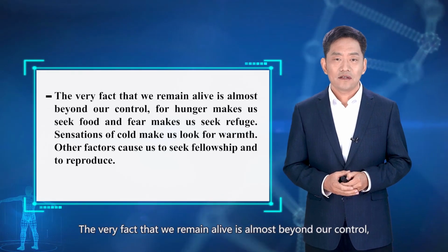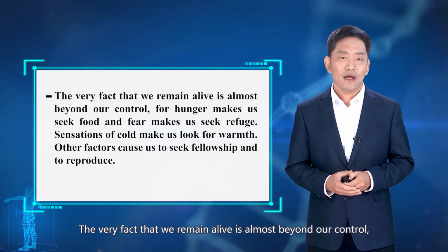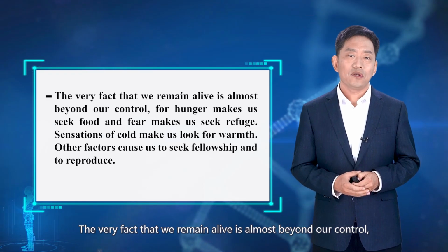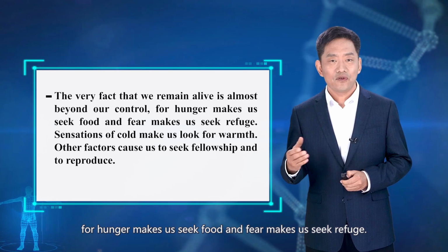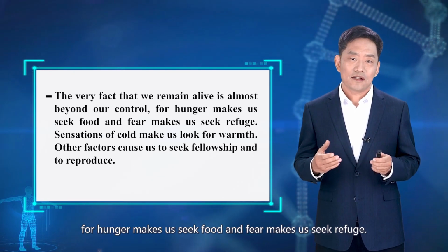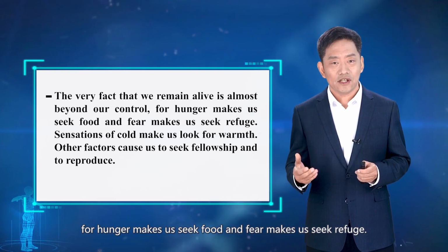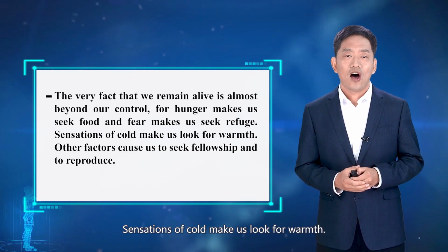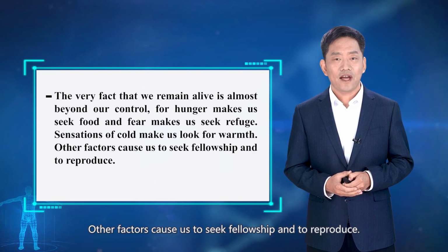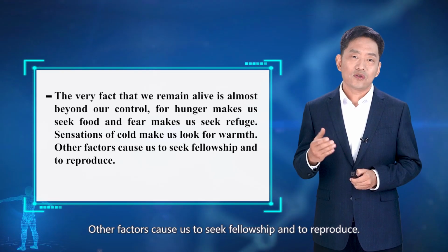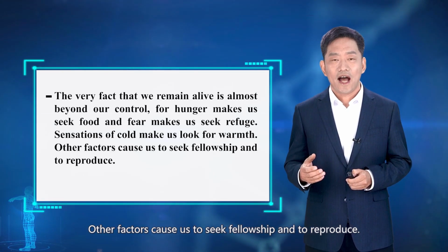The very fact that we remain alive is almost beyond our control. For hunger makes us seek food, and fear makes us seek refuge. Sensations of cold make us look for warmth. Other factors cause us to seek fellowship and to reproduce.